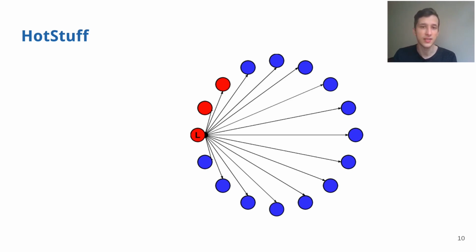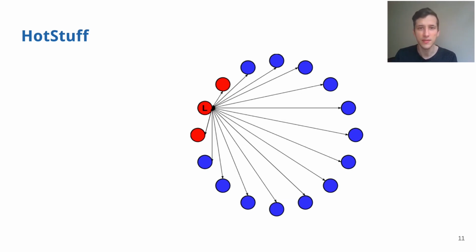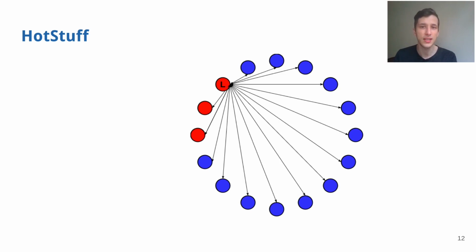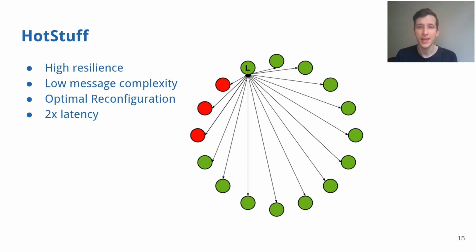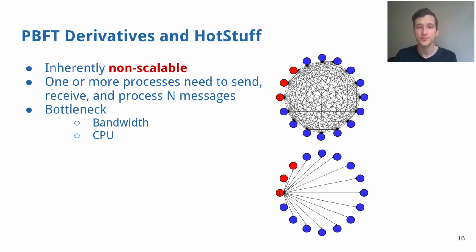In the presence of failures, similar to PBFT, HotStuff just switches the leader in a reconfiguration process until a correct process is reached, and consensus can again be achieved within optimal steps. As such, it also offers high resilience, but at a reduced message complexity, still offering reconfiguration in optimal steps. However, it comes at twice the latency cost, since it now needs a round trip instead of a broadcast.